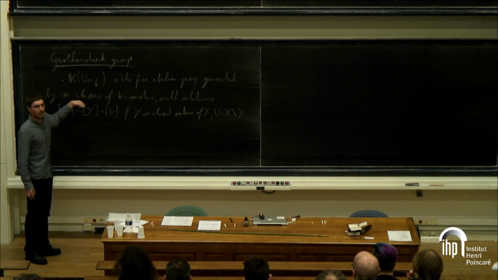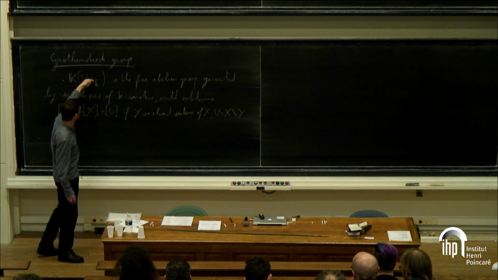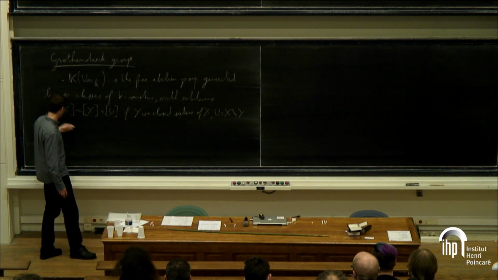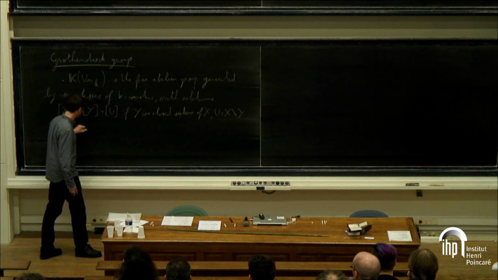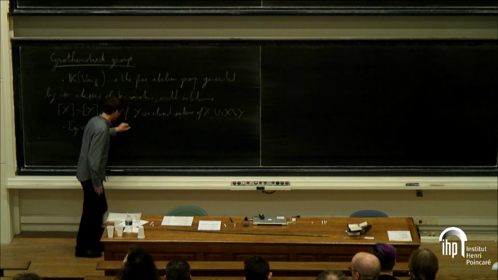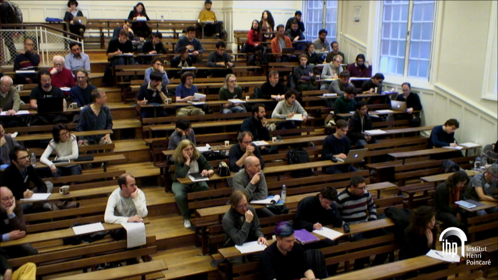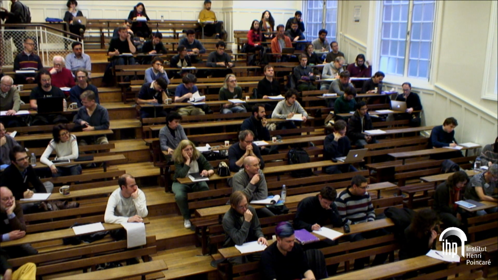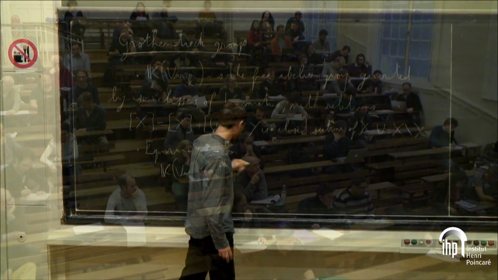And we can also do relative versions. So consider the Grothendieck group of varieties over some variety S. We can also do an equivariant version that I will need at some point. I will denote by that the Grothendieck group of varieties with a mu-hat action, where mu-hat is the group of roots of unity.